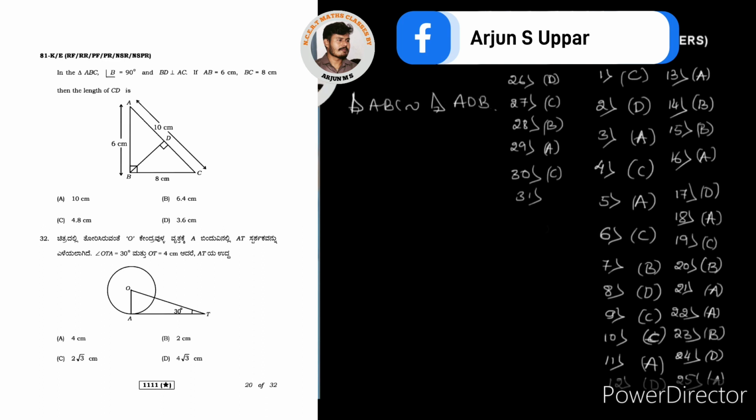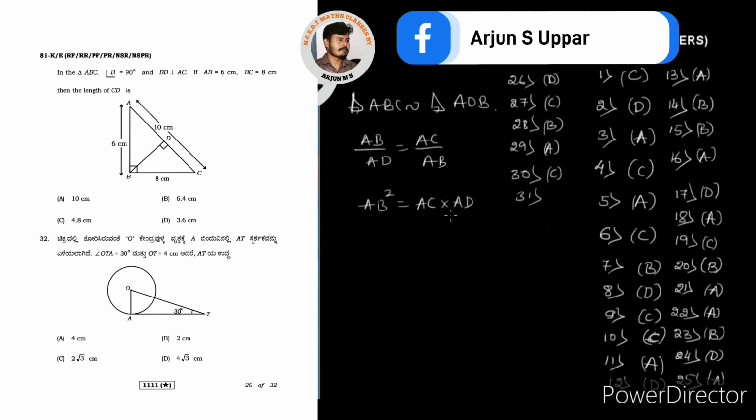According to that theorem, if in a right angle triangle a perpendicular is drawn from the right angled vertex to the hypotenuse, then each and every triangle is similar to each other. That is the statement for theorem 2.7. So you can write the ratio here, AB by AD is equal to AC by AB. So AB into AB is AB square, which is equal to AC into AD.